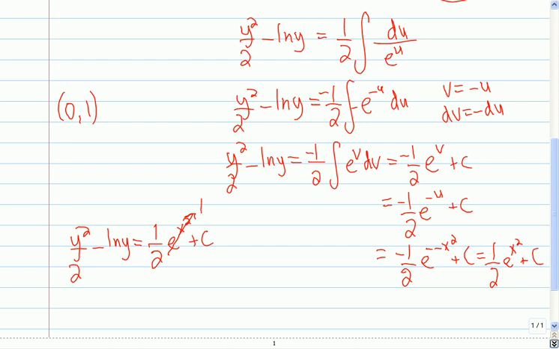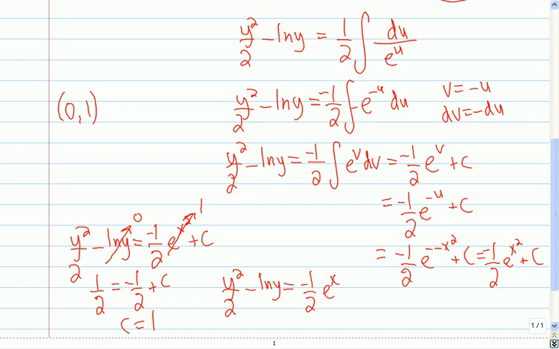And if I put in y equals 1, this will be a 0. So I'll end up with 1/2 equals, yeah, there should have been that, 1/2 equals negative 1/2 plus the constant. So in this case, our constant would be equal to 1. So the specific solution that we would have gotten would look like that.